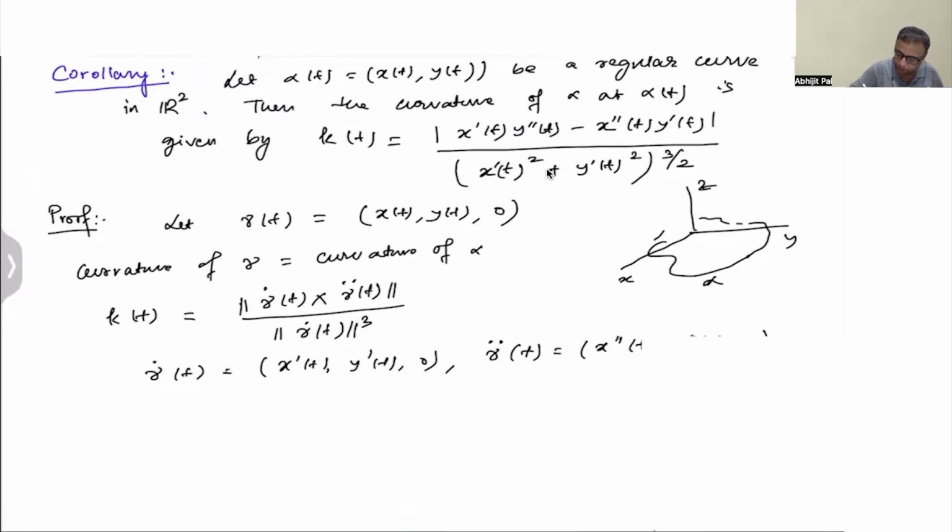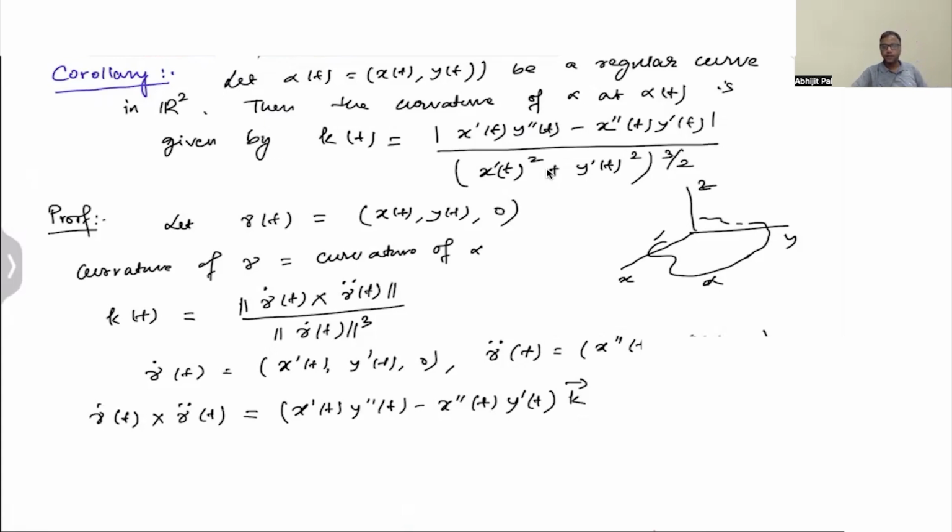And now if I take the vector product, this will be equal to the scalar x prime t y double prime t minus x double prime t y prime t times the unit vector k bar.